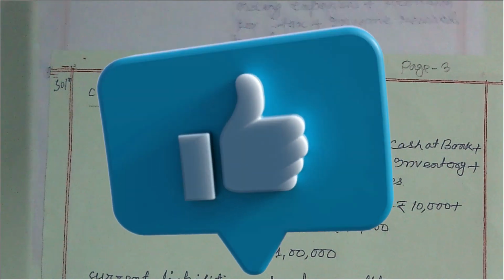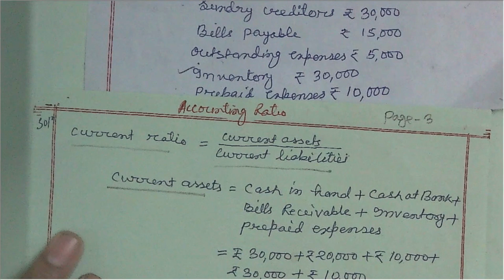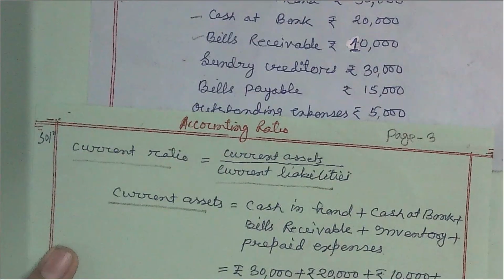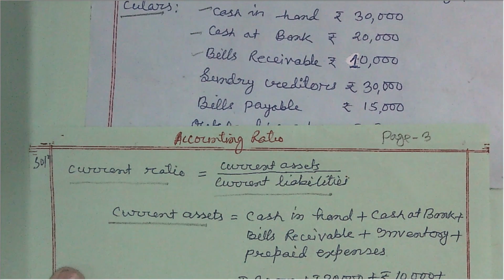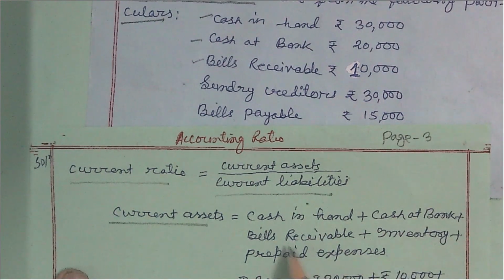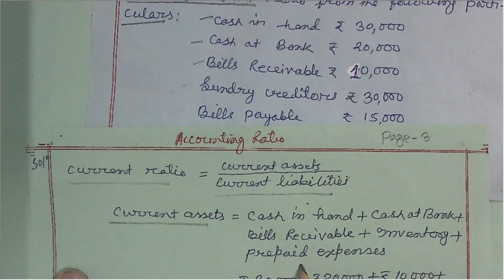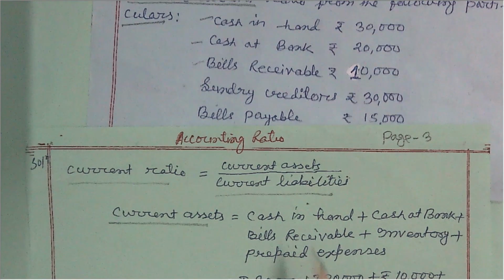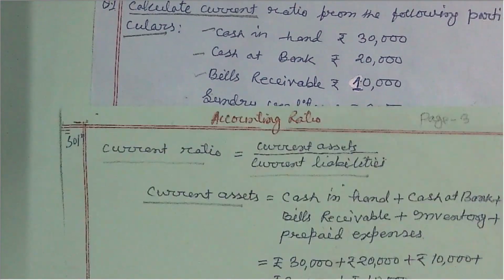What are the current assets given in the question? Cash in hand is given. First you have to write down the items: cash in hand plus cash at bank plus bills receivable plus inventory plus prepaid expenses. So these are the current asset items given in the question.